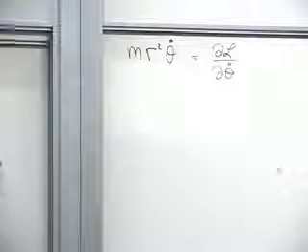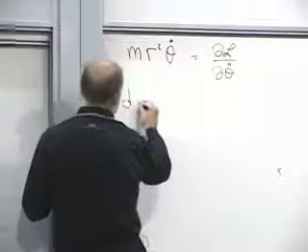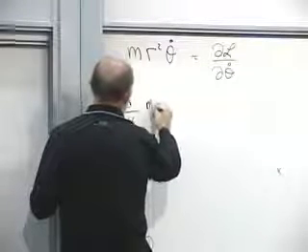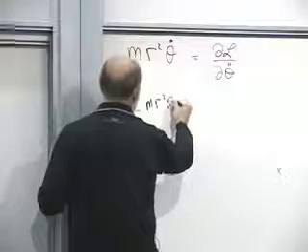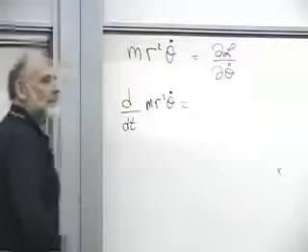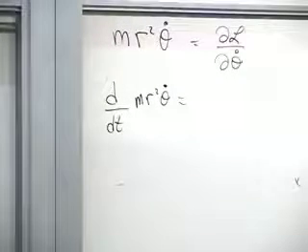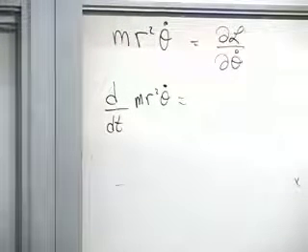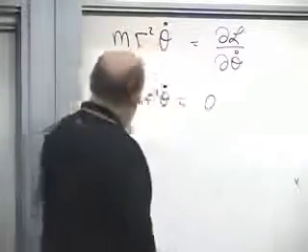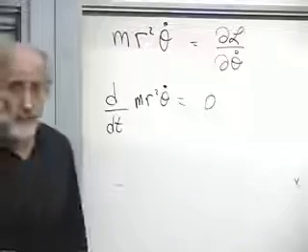Now what is the equation of motion for theta? It's d by dt of m r squared theta dot is equal to what? 0, because u doesn't depend on theta, by assumption. d by dt of something equals 0 says that that something doesn't change.